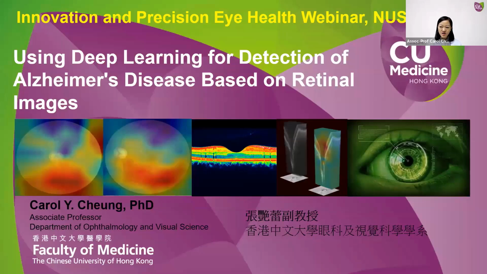So today my talk is using deep learning for detection of Alzheimer's disease based on retinal images. So I would like to talk about some of the previous work before we go to why we are using AI to apply on this topic. So what are the problems?